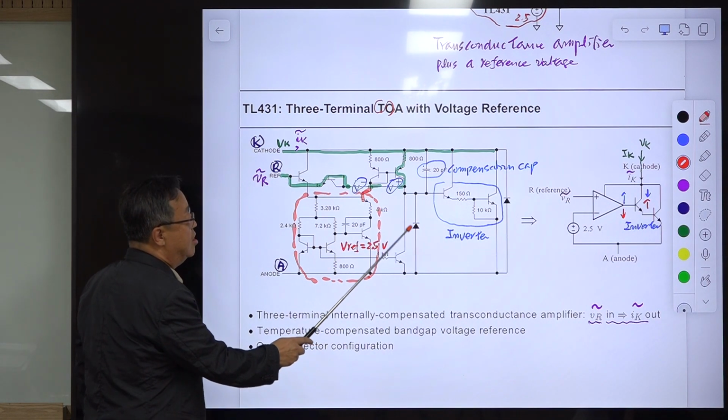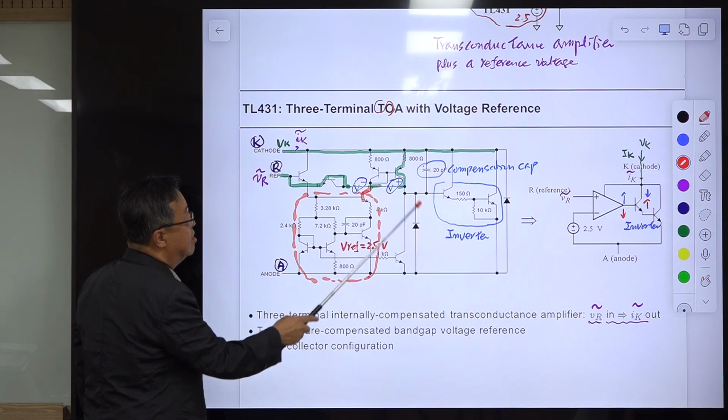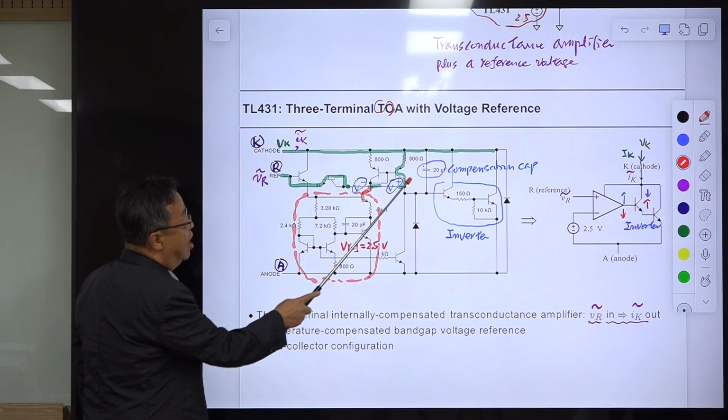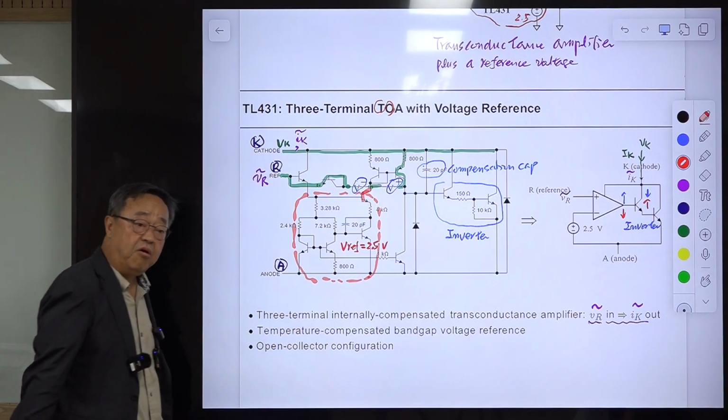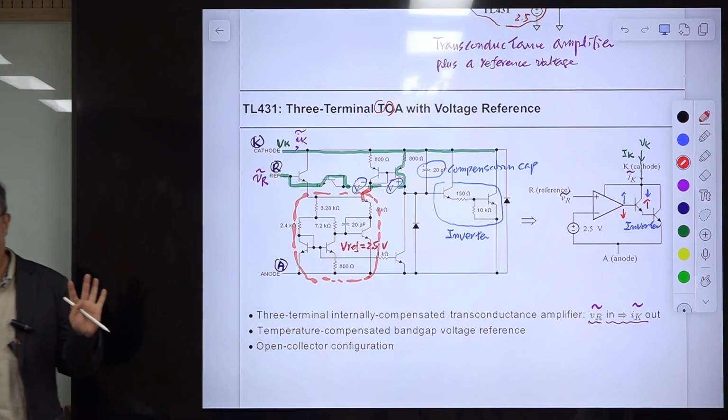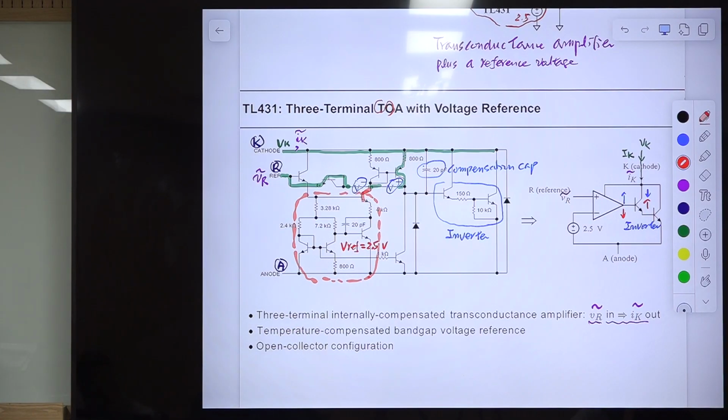And this is just the protection. Okay, because of this diode, this voltage cannot be negative. And there is this capacitor, called the compensation capacitor. Every operational amplifier has a compensation capacitor. So this is a transconductance amplifier.